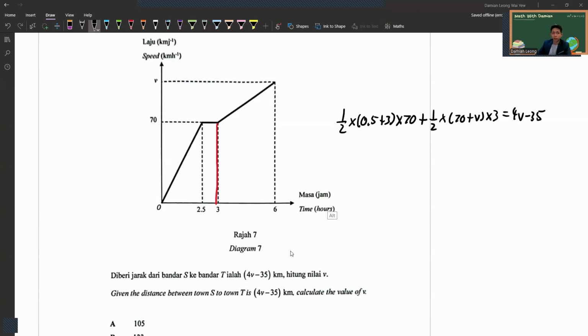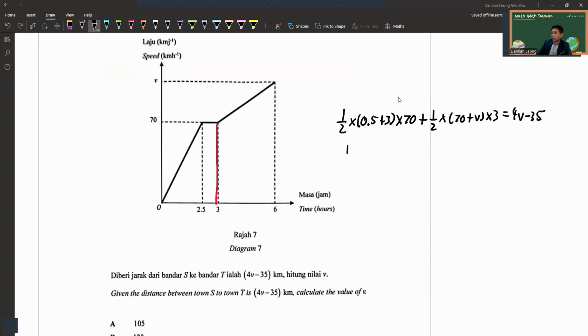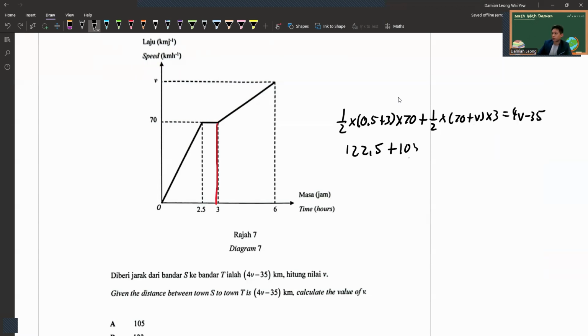So calculate half times 3.5 times 70, 122.5, plus half times 3 is 3 over 2. 3 over 2 times 70, 105. 3 over 2 times V, basically 1.5V, equals 4V minus 35. So add together, 227.5.